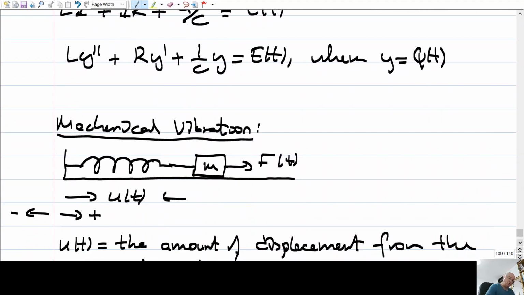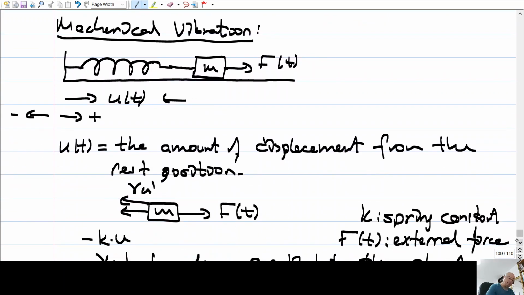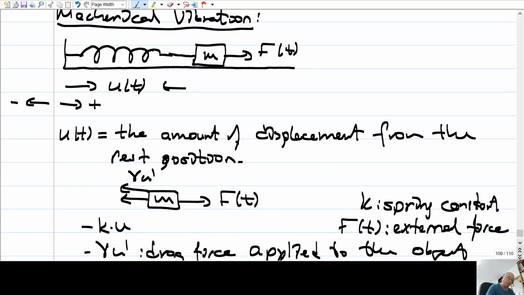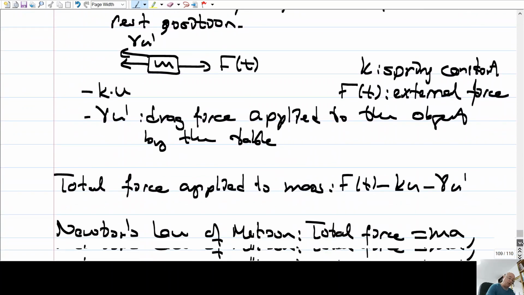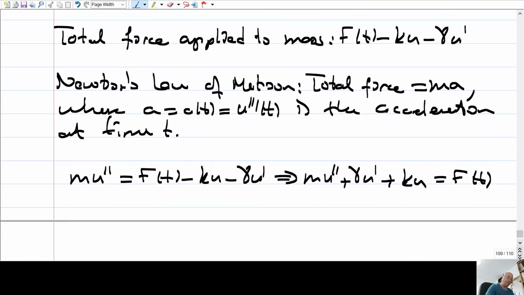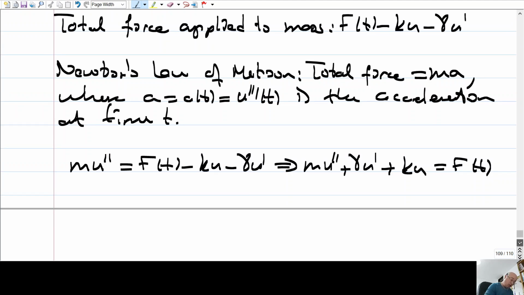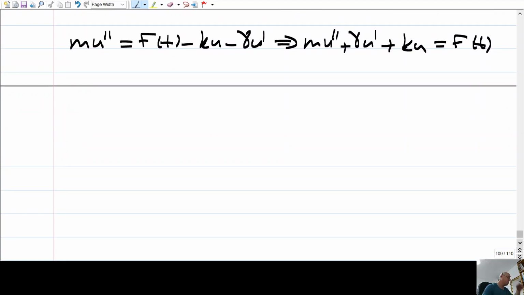So as a mathematical model, mechanical vibrations and electrical vibrations are the same. So if you understand one of them, you understand all of them.